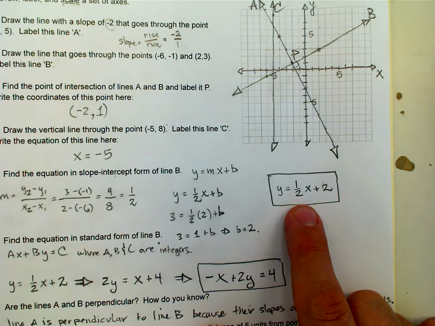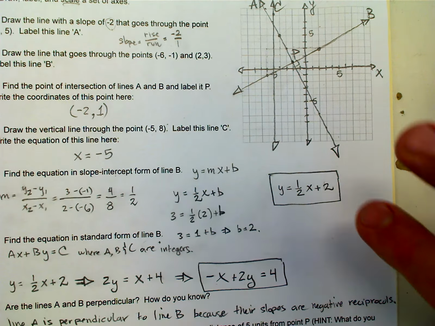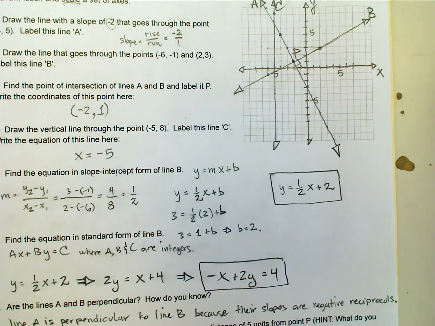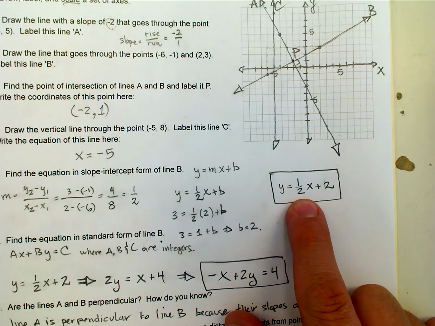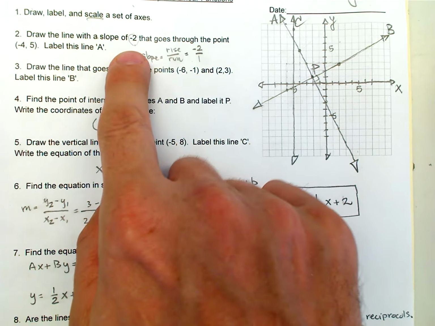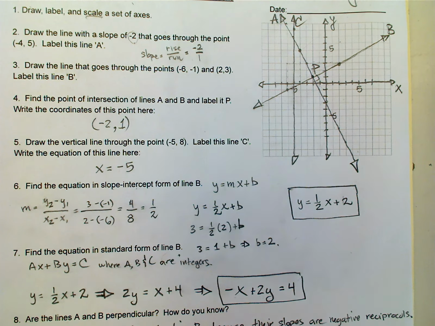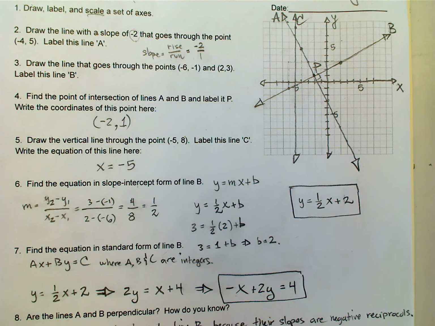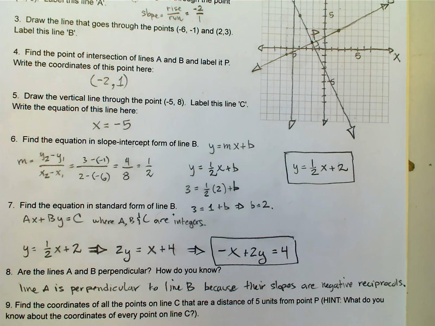If I take the reciprocal of 1/2, that gives me 2/1. The reciprocal, again, is when we flip the fraction over. Well, the reciprocal of 1/2 is 2. And if I take the negative reciprocal, then that gives me -2. So because these slopes are negative reciprocals, these lines are perpendicular.